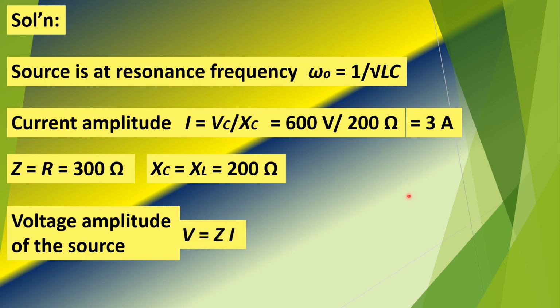We simply multiply the impedance, capital Z, and the current amplitude, capital I. That is, the value of the impedance is 300 ohms multiplied by the current amplitude, which is 3 amperes. So we get the value of the voltage amplitude of the source equal to 900 volts.